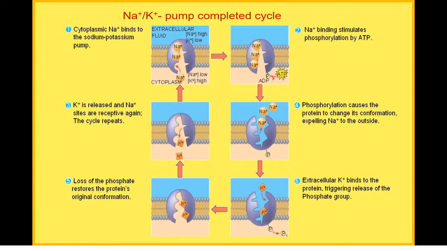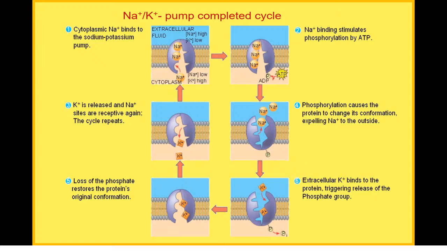Potassium is released and sodium sites are receptive again. The cycle repeats. Phosphorylation causes the protein to change its conformation, expelling sodium to the outside.